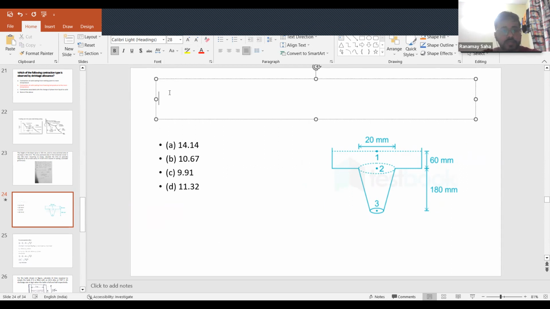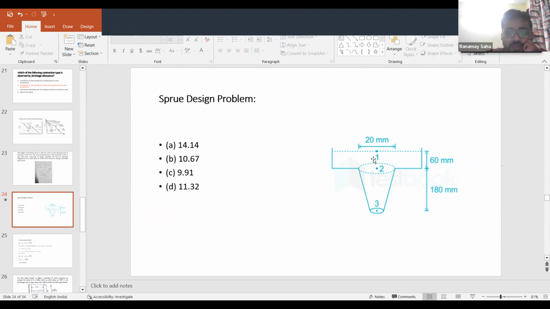So this question is about a screw design. All the information is given in this diagram. You have the top pouring basin height as 60 mm.